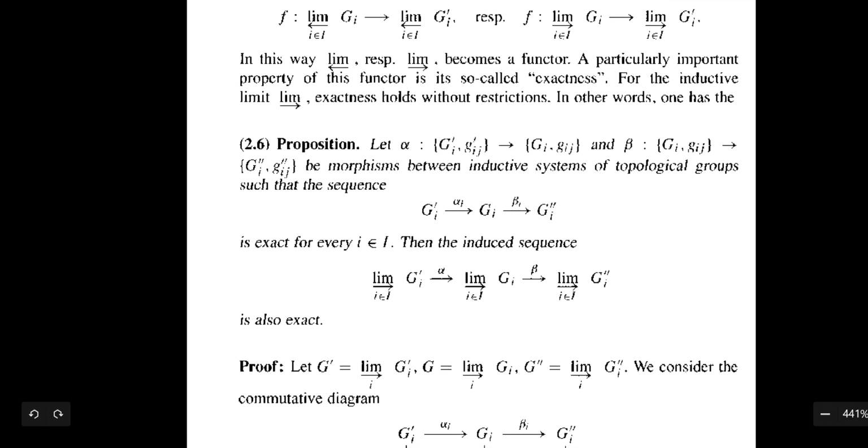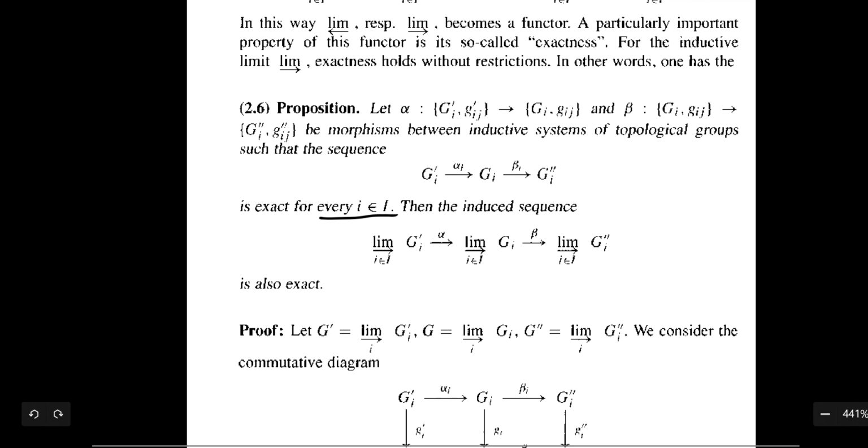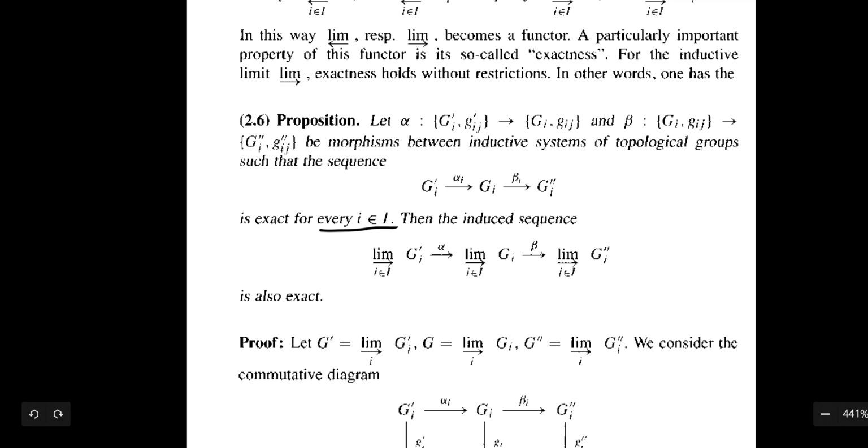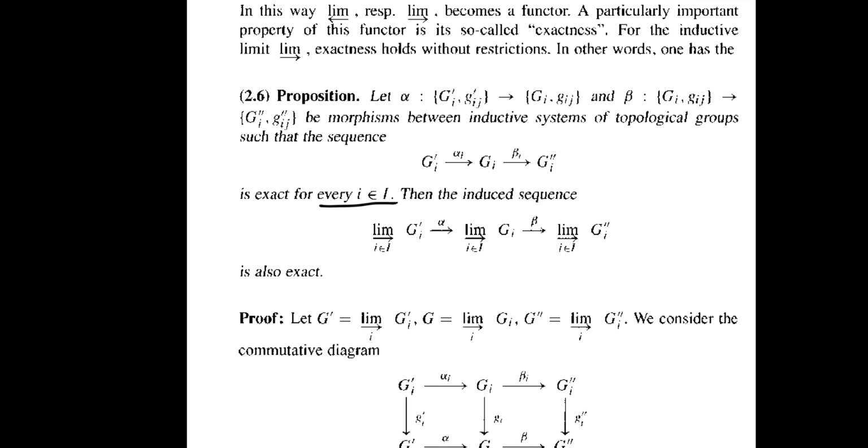Given two morphisms between inductive systems of topological groups, such that for every I there is an exact sequence, then this is also exact. Actually, we haven't really defined what is exact for inductive and for induced sequences.